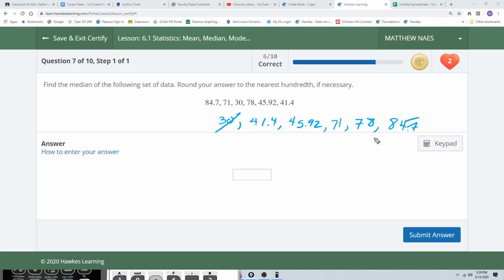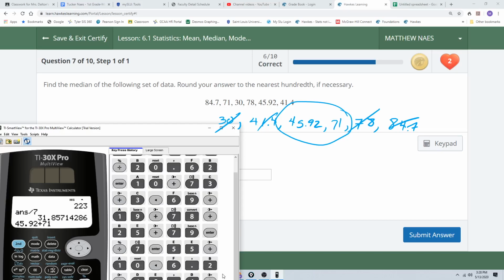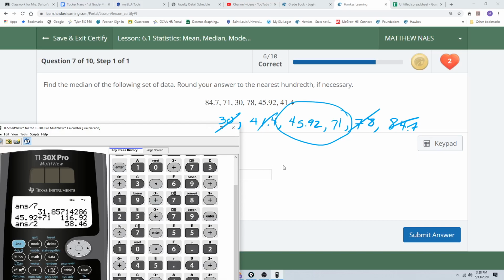The smallest, biggest, next smallest, next biggest. They're my two middle numbers. Add them together, divide by 2. I'm going to do it in a calculator. So 45.92 plus 71 divided by 2 is 58.46.